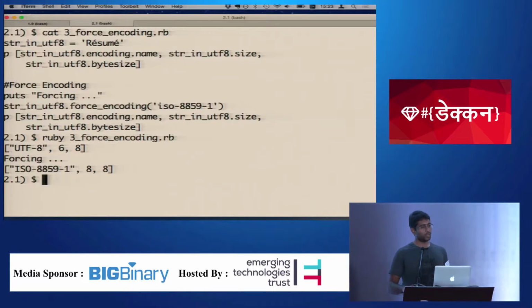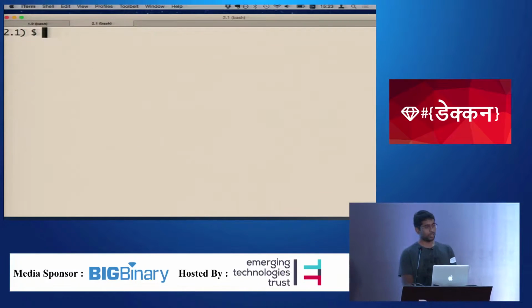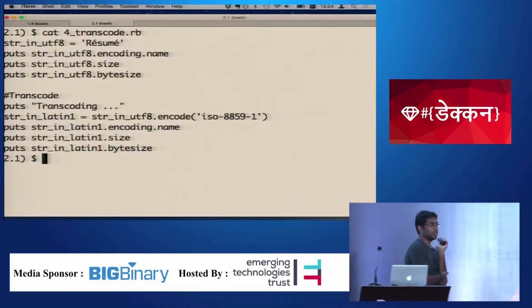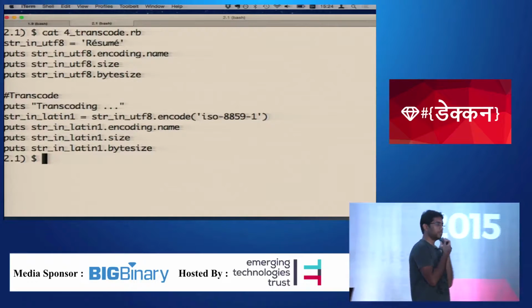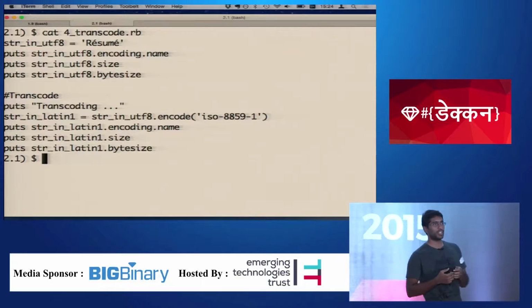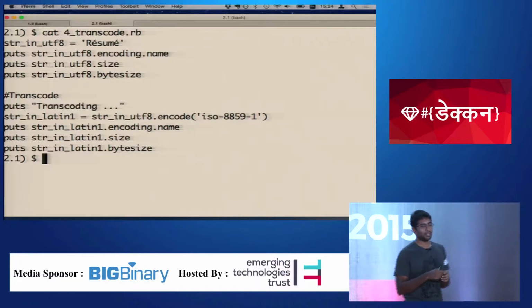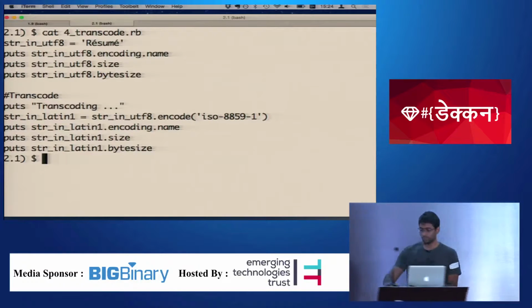There is a better way of doing this, that is called transcode. With transcode, you are actually telling Ruby to change the byte representation of the data. If you look at this string in UTF-8, Résumé with accented E, let me show you the line.